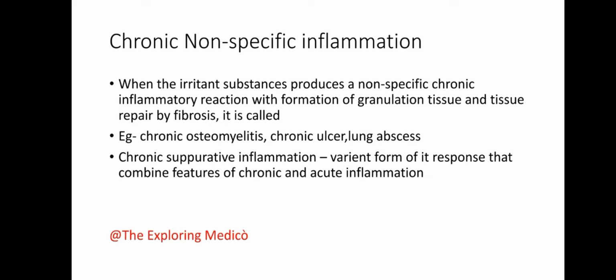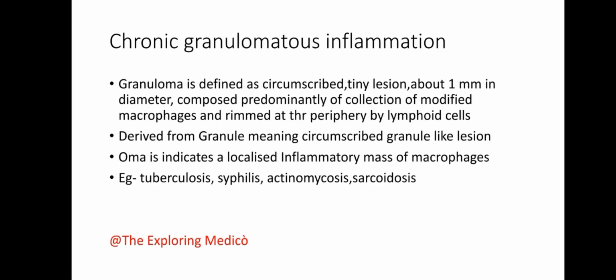For example, chronic osteomyelitis, chronic ulcer, and lung abscess. Chronic suppurative inflammation is a variant form of this response that combines features of chronic and acute inflammation.